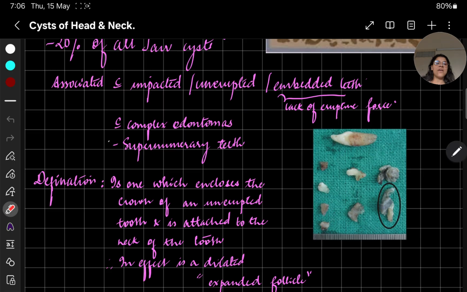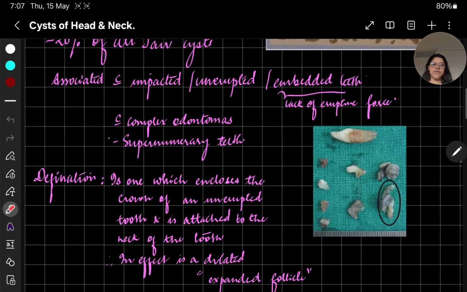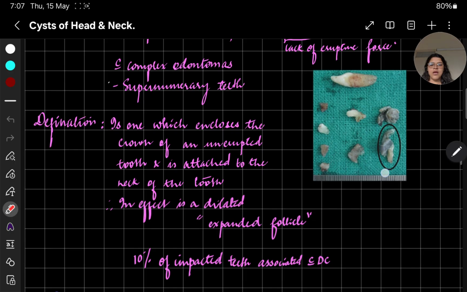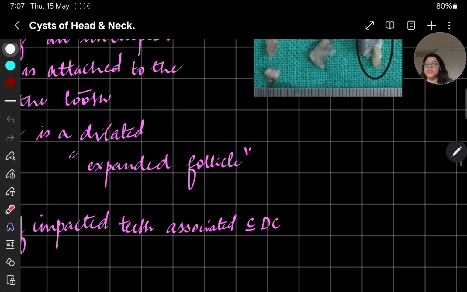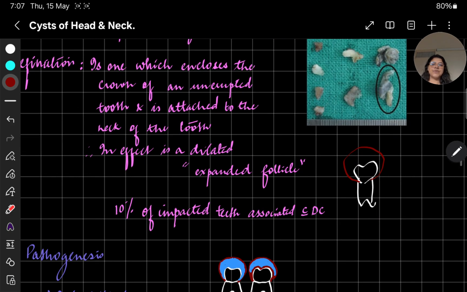Okay. Now if we go to the definition of it, what does it say? It is one which encloses the crown of an unerupted tooth, so into the bone, and is attached to the neck of the tooth.